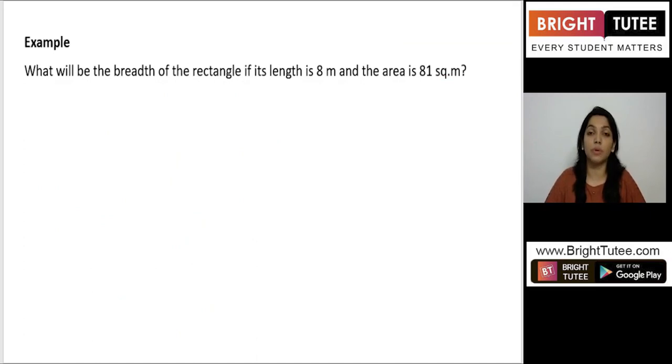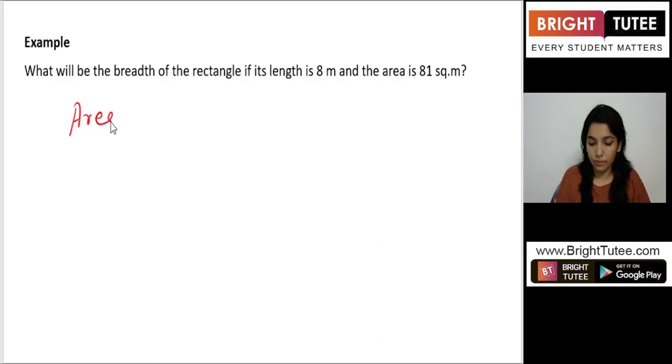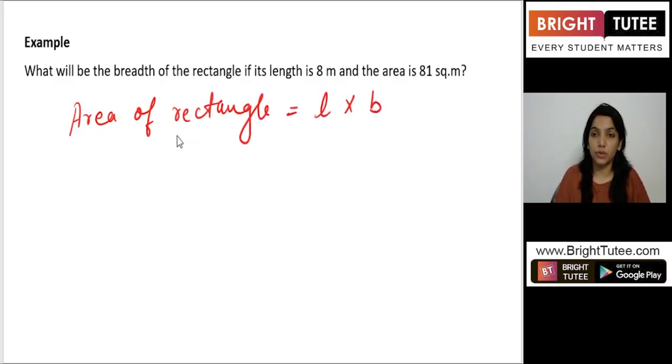Okay, let us try another question. It says, what will be the breadth of the rectangle if its length is given and area is given? So I'm directly writing it here. Area of rectangle is equal to length times the breadth. So area is given to us as 81 square meters. This is equal to length, given as 8 meters, and breadth is not given.